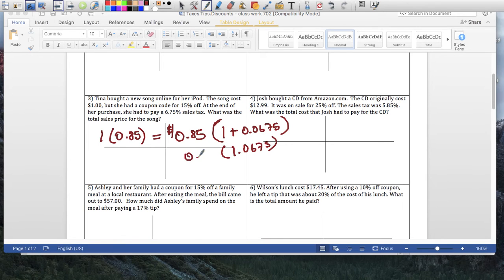So you're going to multiply 0.85 by that. 0.85 times 1.0675 is going to give us, and you just went up to 91 cents rounded. Okay, so that's how much you end up paying.